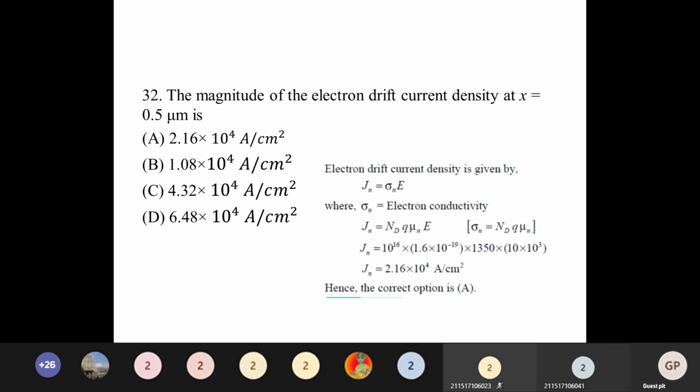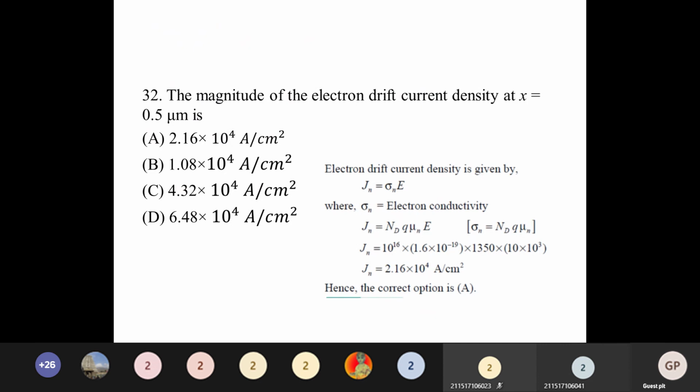The answer uses the same formula as the previous question. The material is n-type material, the dopant is already given. So electron drift current density Jn is equal to sigma n E, and for sigma n we substitute the electron conductivity formula, Nd q mu n.